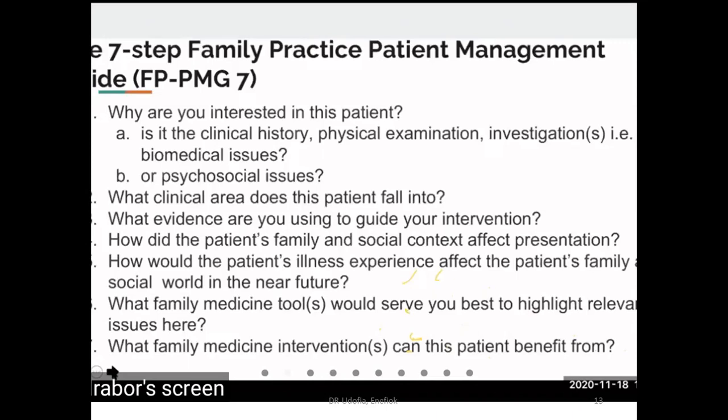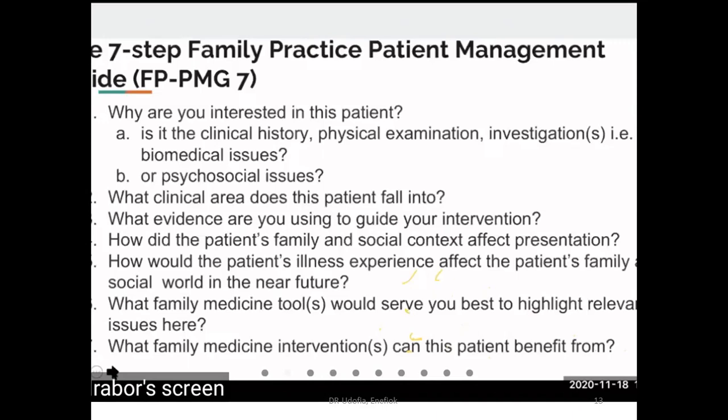So what family medicine tool would serve you best to highlight relevant issues? You must always identify the tools, because that makes it a family practice management. And the last one is, what family medicine intervention can this patient benefit from? So many interventions. You need to go to the family home visit and all the rest of things.